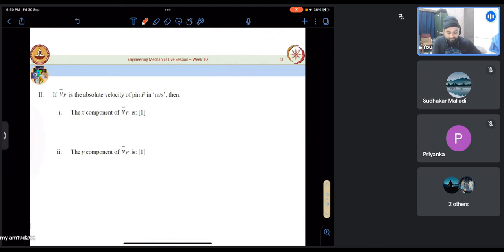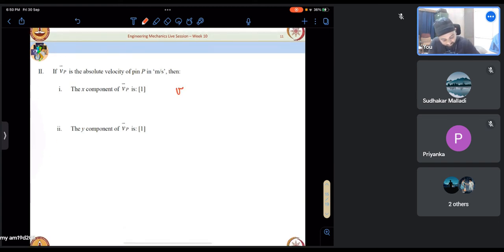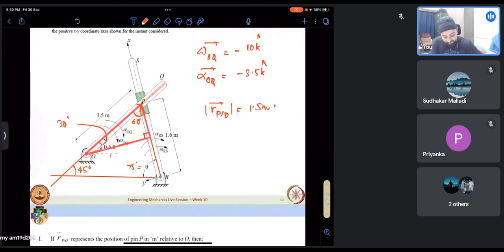Again, the absolute velocity of pin P is asked. So we know that absolute velocity of pin P, because this pin is connected to this link, it is connected to that link.